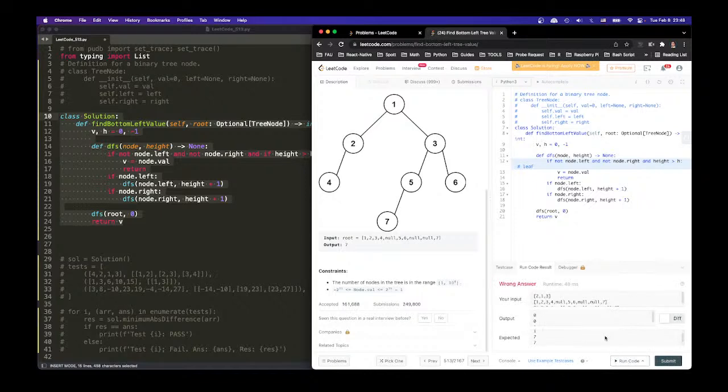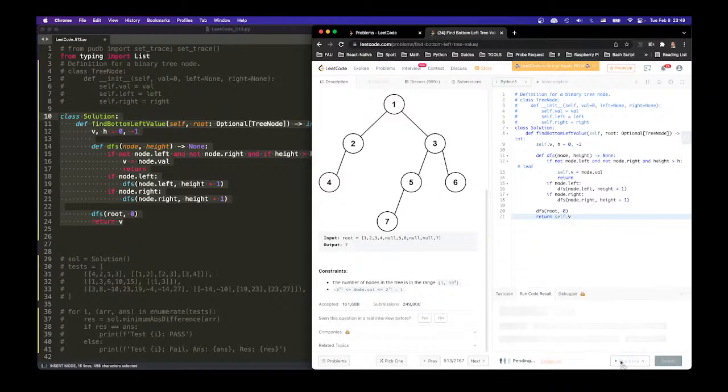That's not right. If not node.left and height is larger than h. Oh, of course, this has to be self. We're updating it. Syntax. Alright, that's still not right.